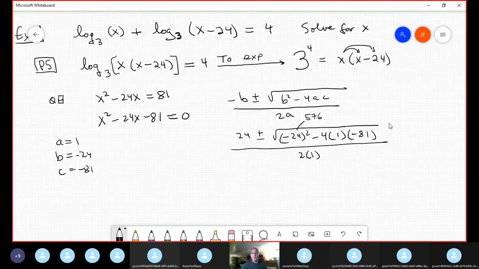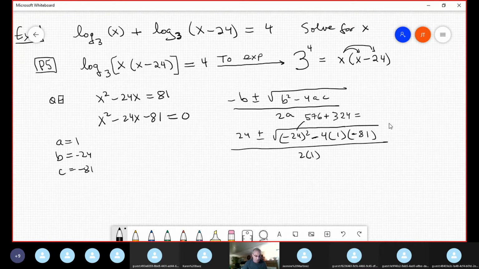Be careful with the sign: negative here, double negative, becomes positive. This is 81 times 4, that's 324. And you add both: plus 576, 900.